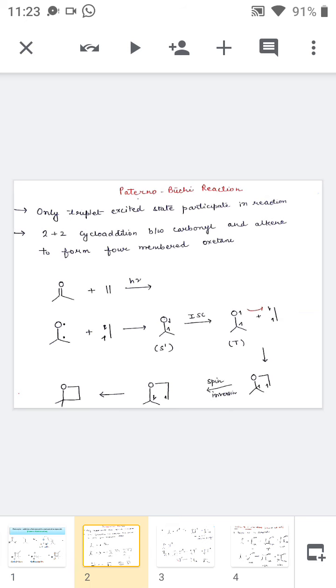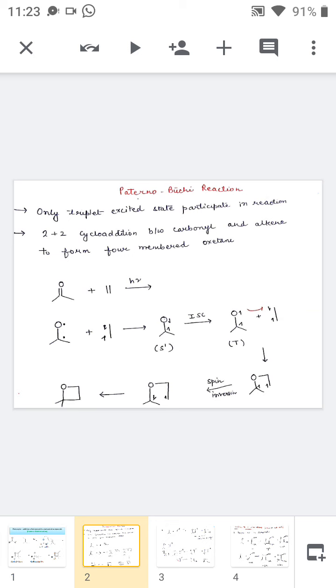Then we are moving to another example in which only the triplet excited state participates in the reaction, and this is a 2+2 cycloaddition between a carbonyl group and an alkene to form the four-membered oxetane.